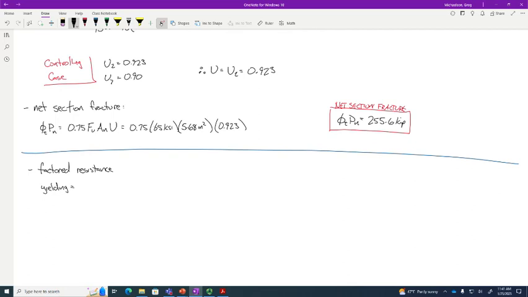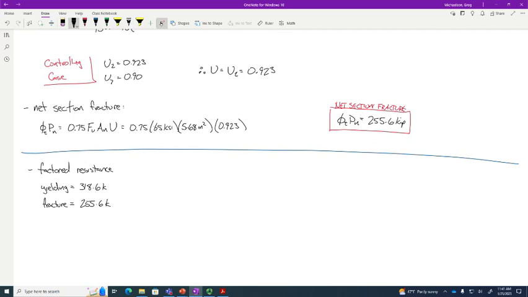Yielding, 318.6 kips; fracture, 255.6 kips. If these are the only two limit states that we are considering, and I asked you, how much load can this thing hold up?